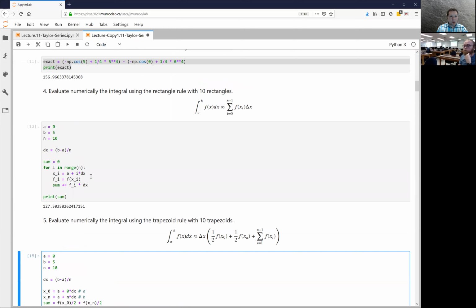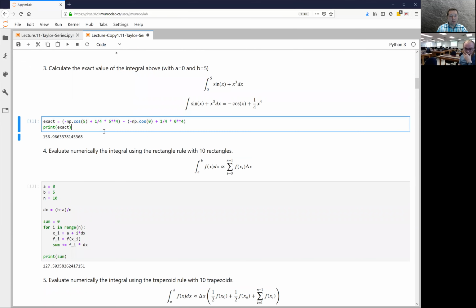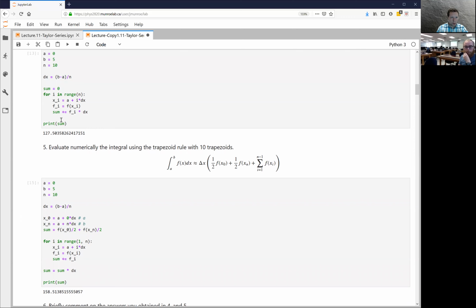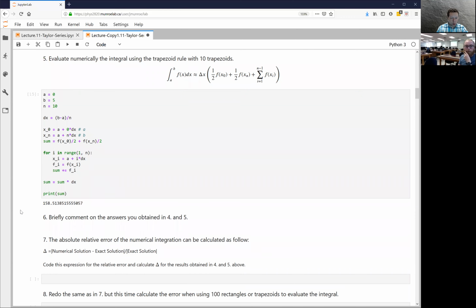Okay, so what we have here is 3 different methods of evaluating an integral. Something that we're going to call the exact number, 156.96, a rectangular rule approximation, and a trapezoid rule approximation.